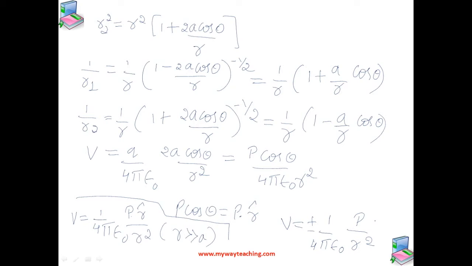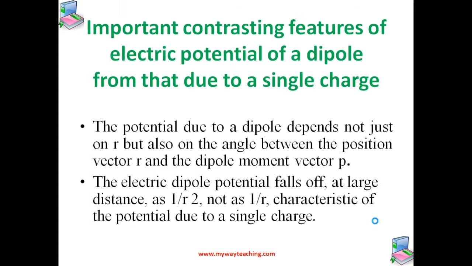And the second point is the electric dipole potential falls off at large distance as 1 by r square, not as 1 by r, as you can see here in this equation. That is the characteristic of the potential due to a single charge. Okay. These two are the important contrasting features of electric potential of a dipole from that due to a single charge.